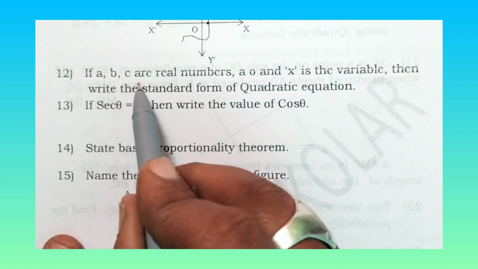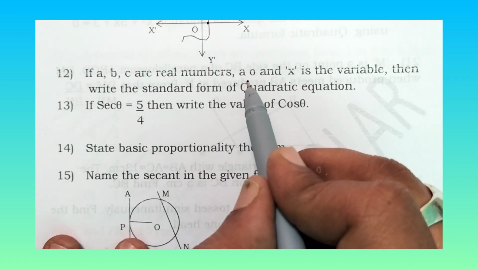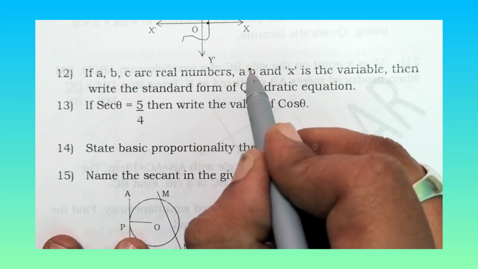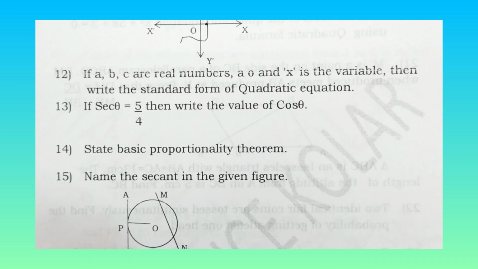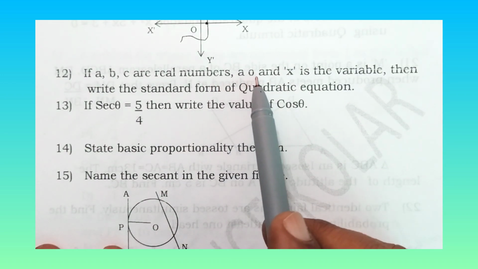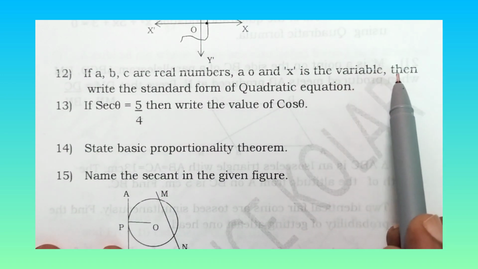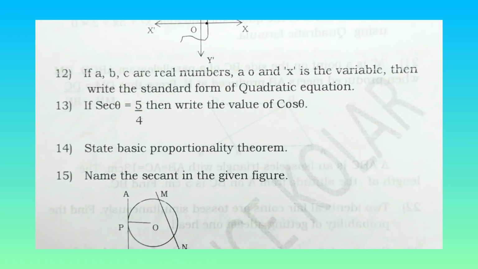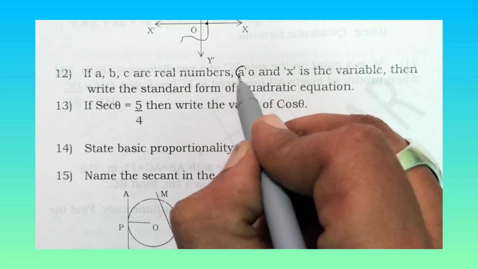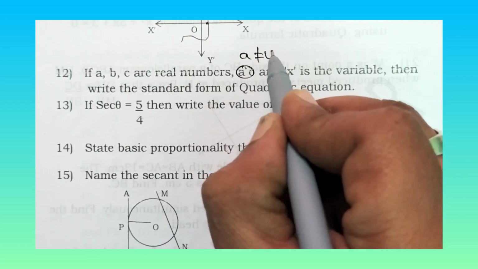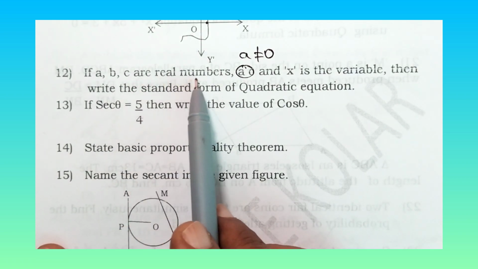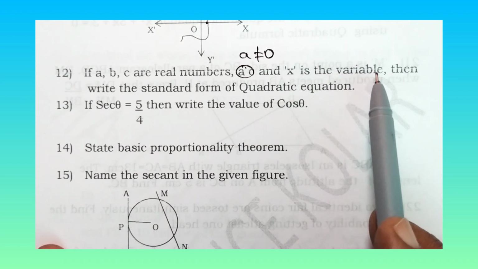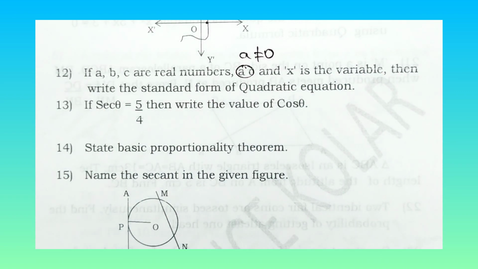Actually, what should come here is a is not equal to 0: if a, b, c are real numbers, a is not equal to 0 and x is the variable, then write the standard form of a quadratic equation.